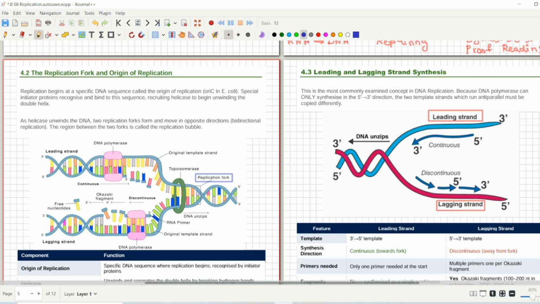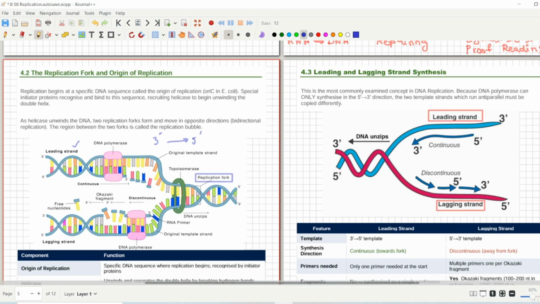So first of all, let's start with the leading strand. If you see, this is the leading strand here. The leading strand is actually going from 3' end to 5' end. So the process will always start from the 3' end. When the DNA polymerase starts the work, it works on the 3' end, and it will add nucleotides only at the 3' end, and slowly the DNA polymerase will keep adding nucleotides and keep moving towards the replication fork.